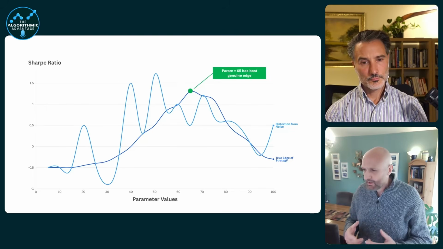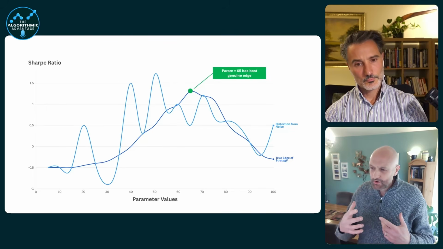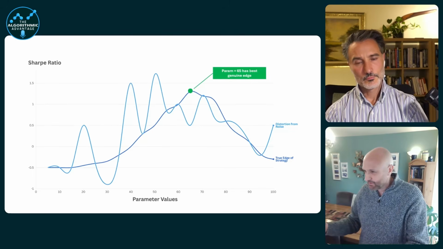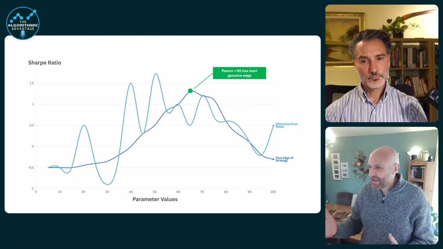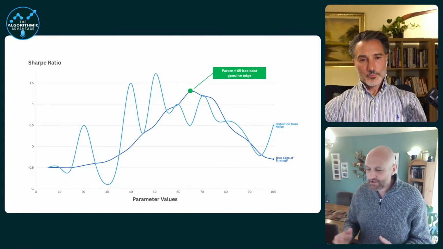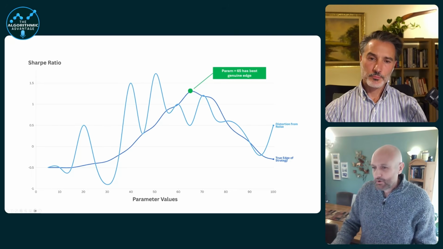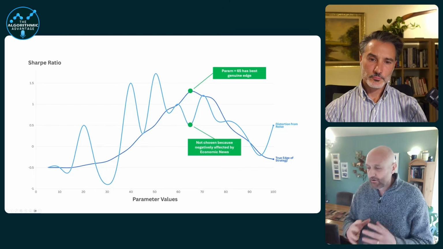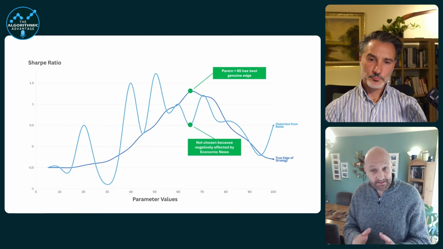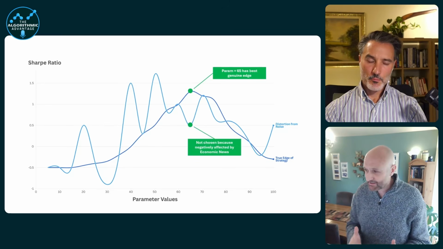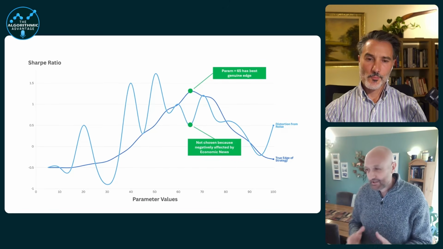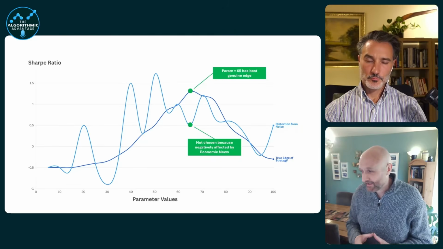Let me give you an example. We can see here that the parameter we identified that actually has the best edge, when we look at it in reality and the real results of the backtest, the parameter with a value of 65 doesn't come out that well, actually.